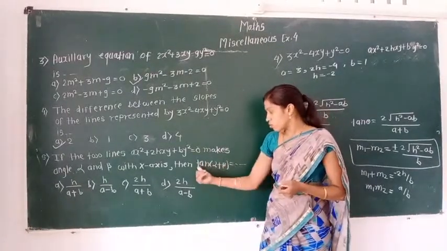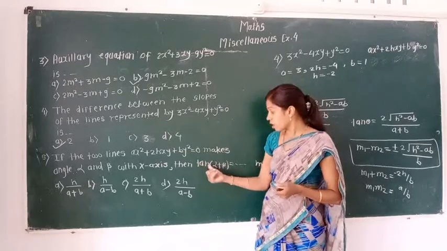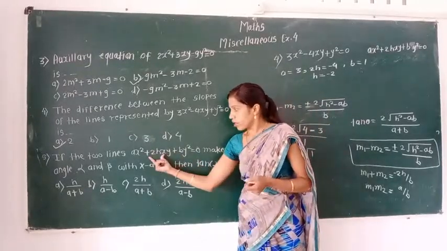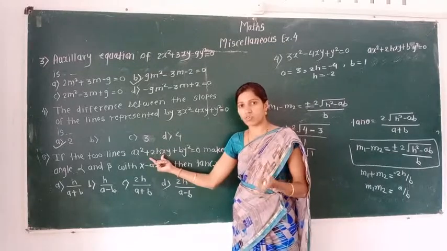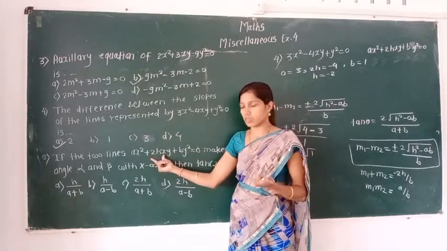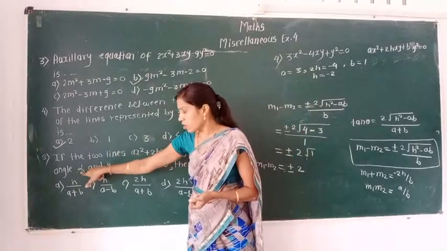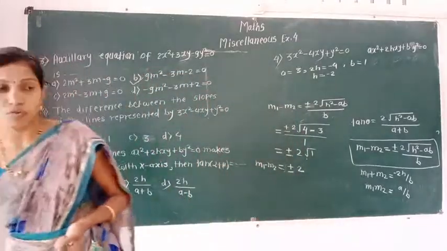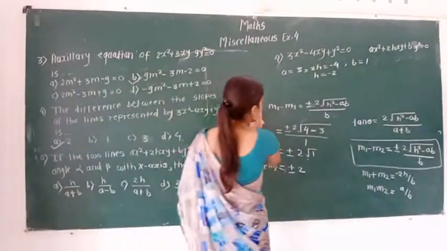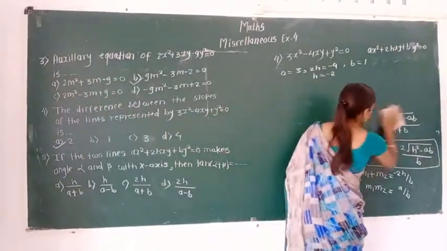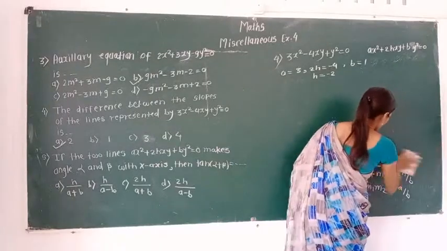Okay. We know that it is the combined equation of two lines. They are passing through origin, and their inclinations are alpha and beta. So first of all we have to draw the rough figure of two lines passing through origin.